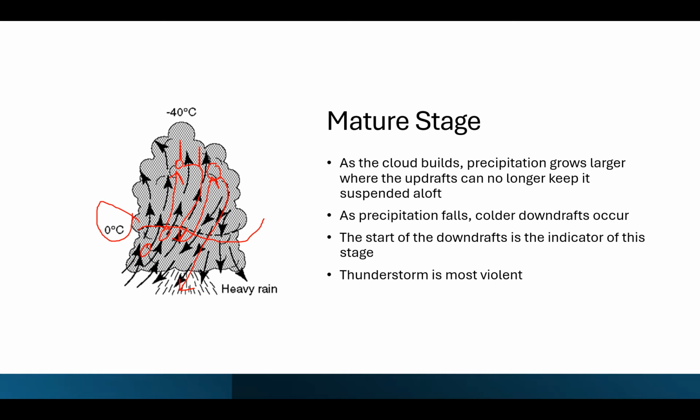So the pattern, small hailstone, that goes up, above the freezing level, drops back down, goes back up, drops back down. It's like this kind of pattern of hailstone growth, ups and downs all the way.